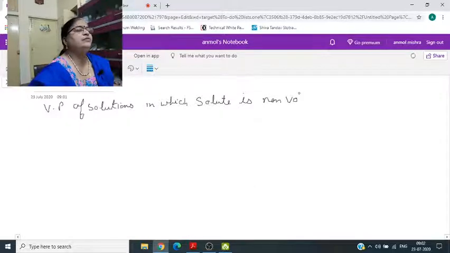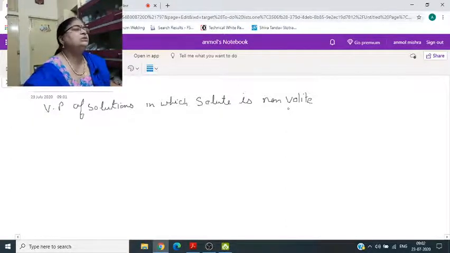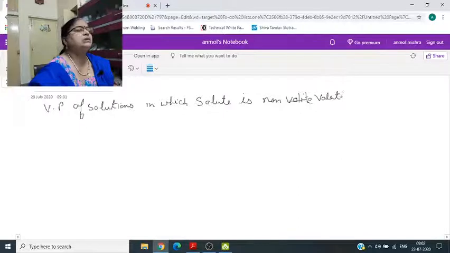Earlier we studied volatile solutes. Now here is the vapor pressure of a solution in which the solute is non-volatile. Volatile, the spelling is wrong. Volatile, all of you know the meaning of volatile.